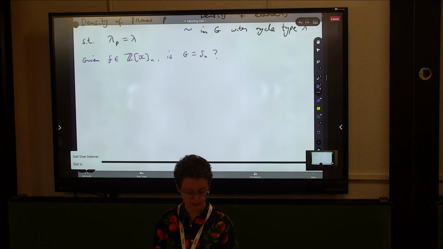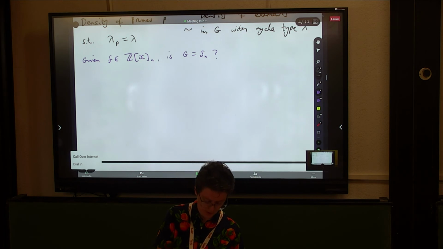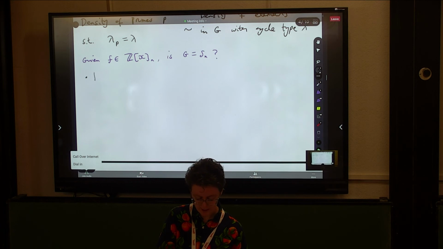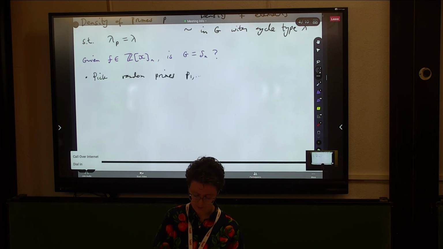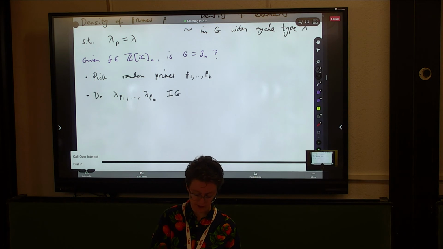So our algorithm will take our polynomial and will give us yes or no. Basically all we have to do, basically describe it, is to pick random primes and then ask: do elements with these conjugacy classes invariably generate S_n?